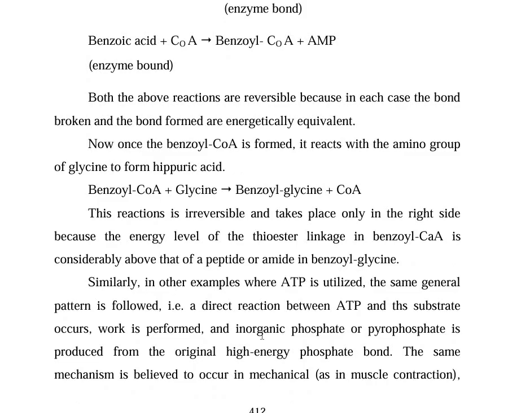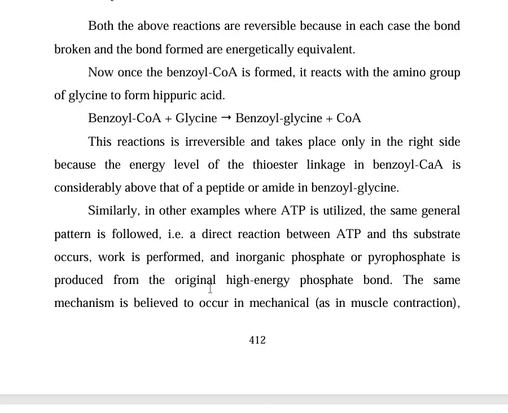This reaction is reversible and takes place only in the right direction because the energy level of the thioester linkage in benzoyl coenzyme A is considerably above that of the peptide amide in benzoyl glycine. In other examples where ATP is utilized, the same general pattern is followed. A direct reaction between ATP and the substrate occurs. Work is performed and inorganic phosphate or pyrophosphate is produced from the original high energy phosphate bond.